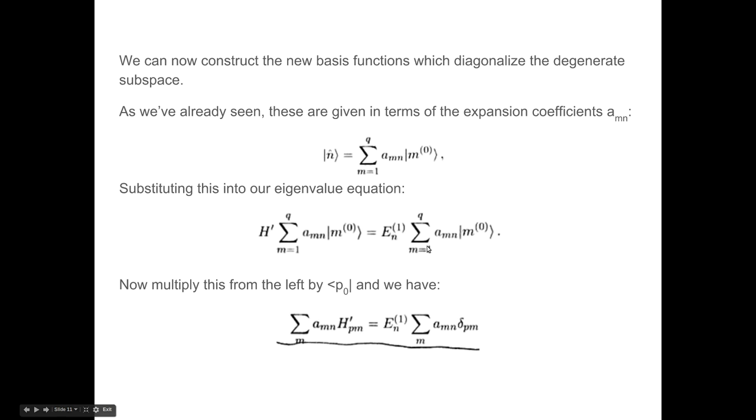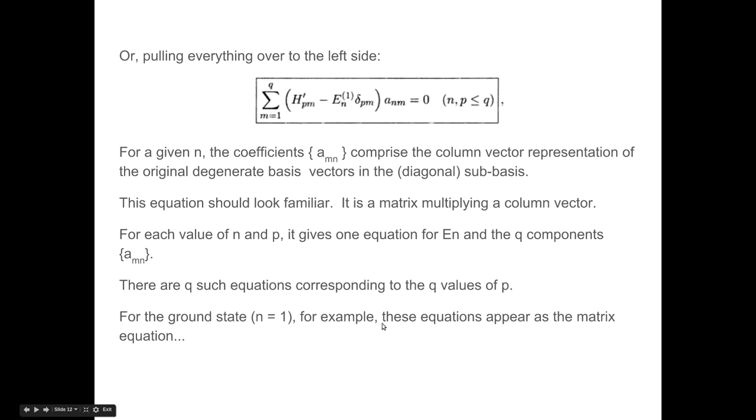Now let me multiply this from the left by an unperturbed eigenbra. When I do that, I get this off-diagonal matrix element times this coefficient being summed over, and over here I get a delta function in p and m, and then my energy that I can pull out in front.